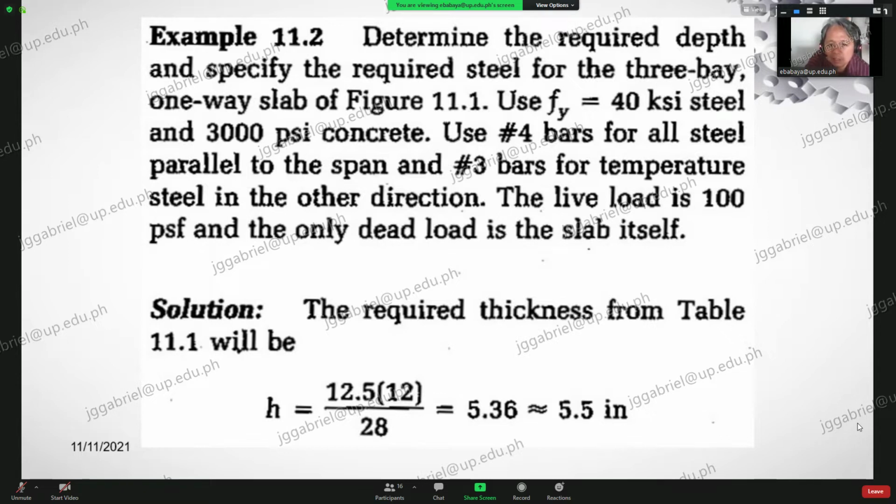Or specifically, number 4 bars will be used for the moment reinforcements, and then number 3 bars for the temperature and shrinkage reinforcement. Okay, it says the live load is 100 pounds per square foot, and the only dead load is the slab itself. Okay, so may live load ka, may dead load ka rin. So how do we go about this problem?